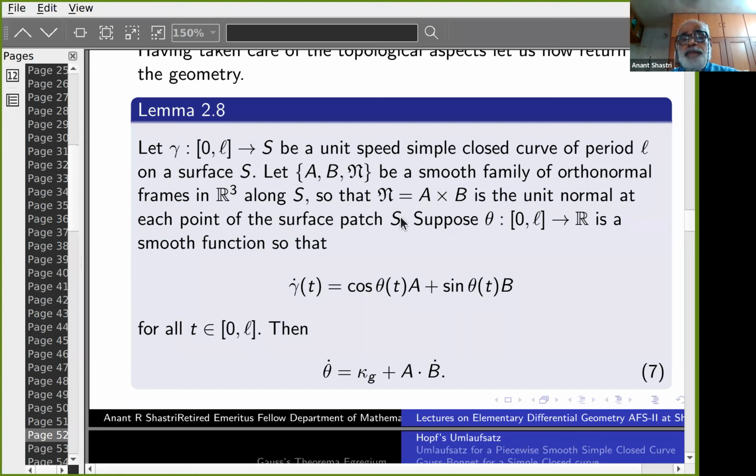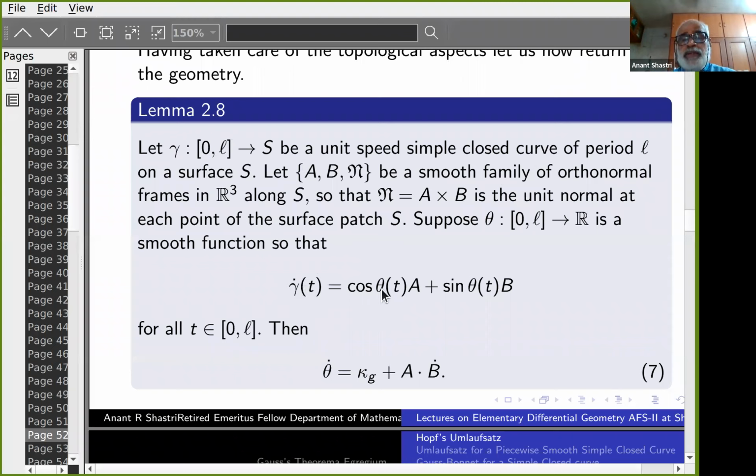Fine. Suppose now theta from 0 to L to R is a smooth function such that the derivative of gamma, gamma dot, is, since gamma is a unit speed curve, a unit vector, right?